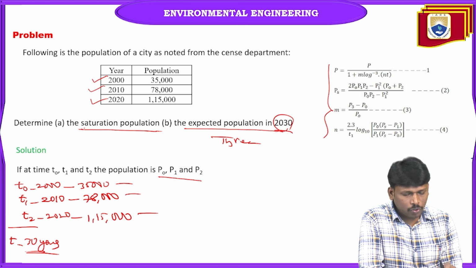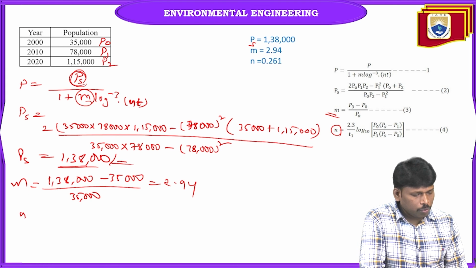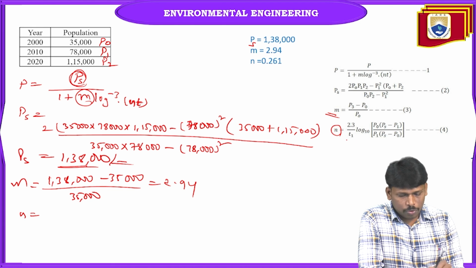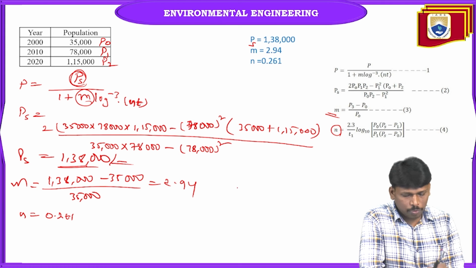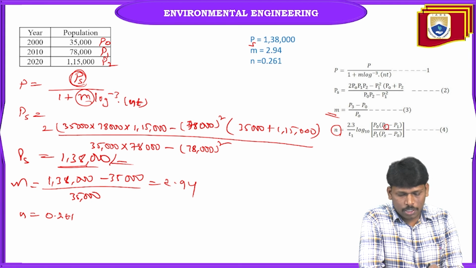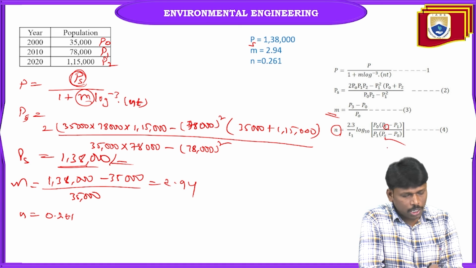The design period is 2030. So N, if you substitute the same values, we'll get N equal to 0.261. If you substitute the P naught and PS, the saturated value, and here also P saturated is nothing but 1,38,000, you need to substitute here.